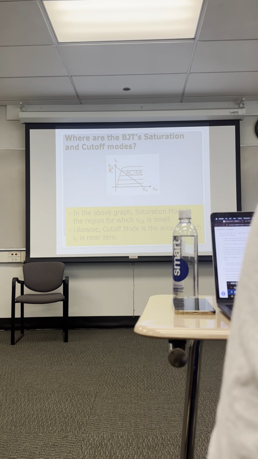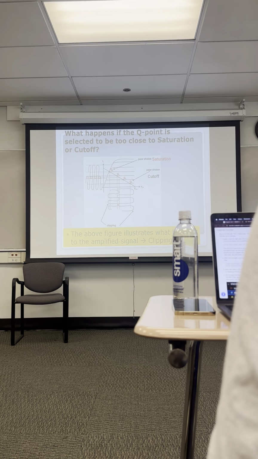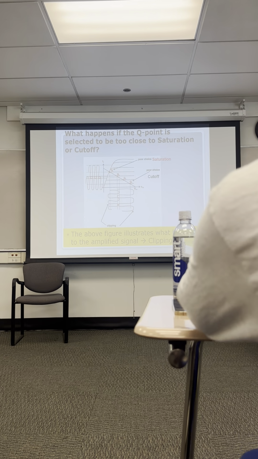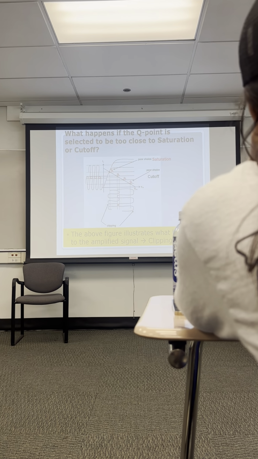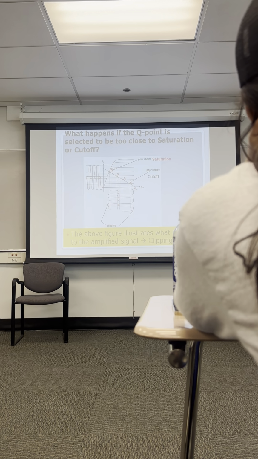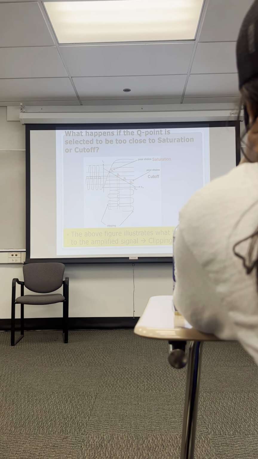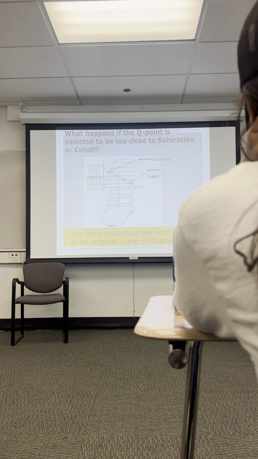So this graph also shows saturation, and it shows cutoff at this point here, and all the rest of this plot would be considered the active mode. And this curve is just demonstrating a group of engineers designing an amplifier. One engineer decided to put the Q point up here, which is a poor choice because that's saturation.